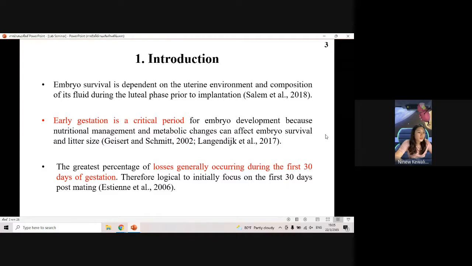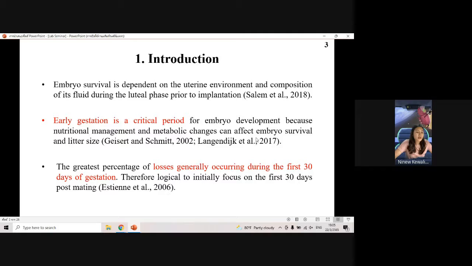Embryo survival is dependent on the uterine environment and the composition of its fluid during the luteal phase prior to implantation. Early gestation is a critical period of embryo development because of nutritional management and metabolic change.